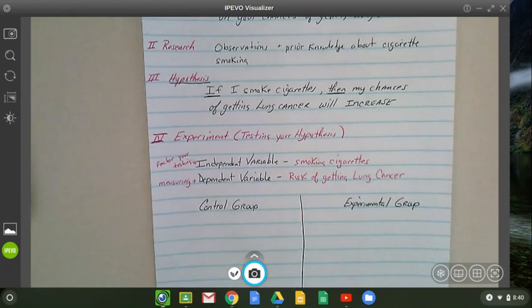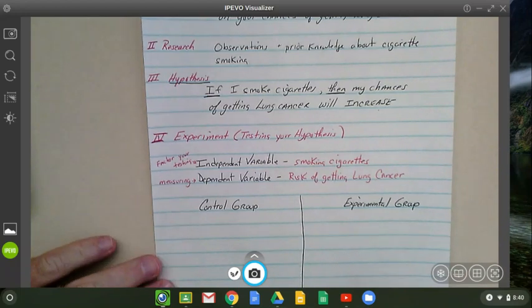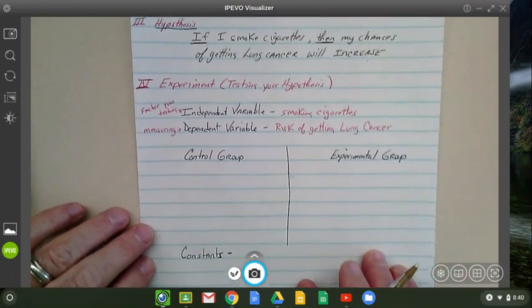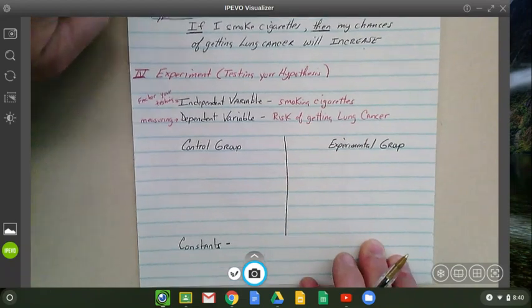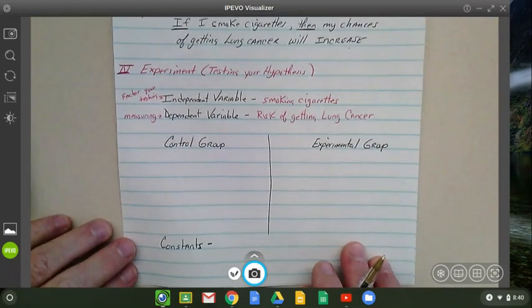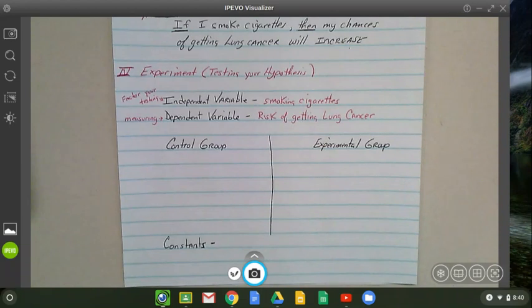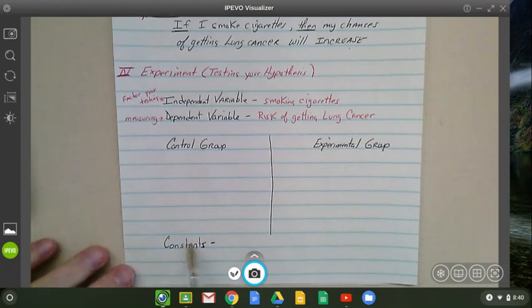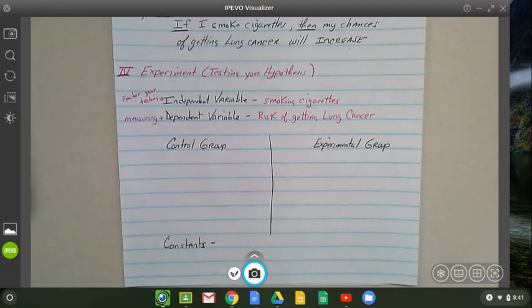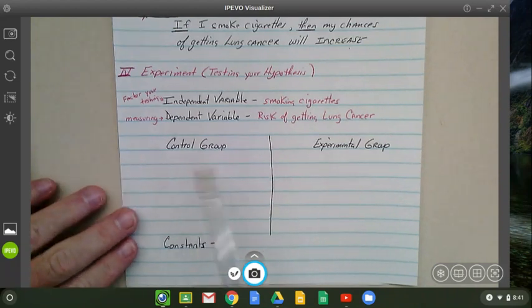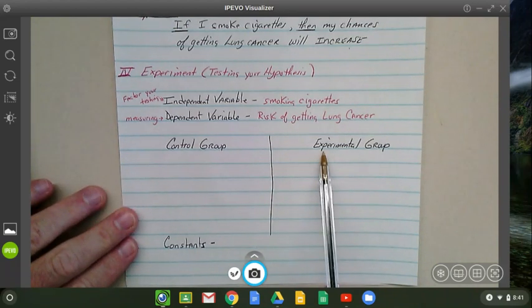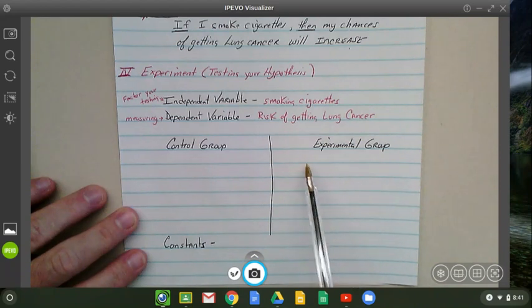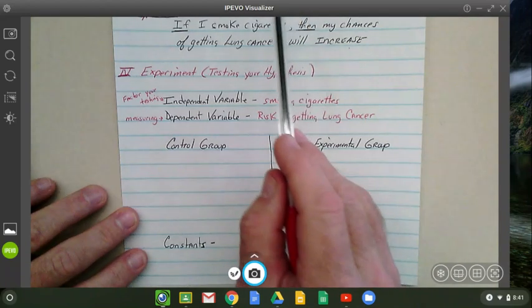All right, so once I've identified the variables, now I can set up my experiments. Now, during class, we talked about two different groups. We have a control group and we have an experimental group. And then we also want to identify some constants that are in both groups in order to get accurate and valid results. So in my experimental group, this is going to be a group of people that are the ones that are smoking.